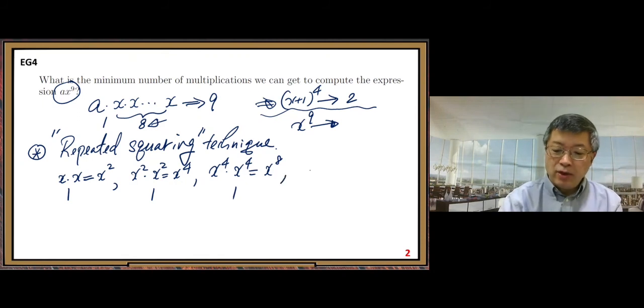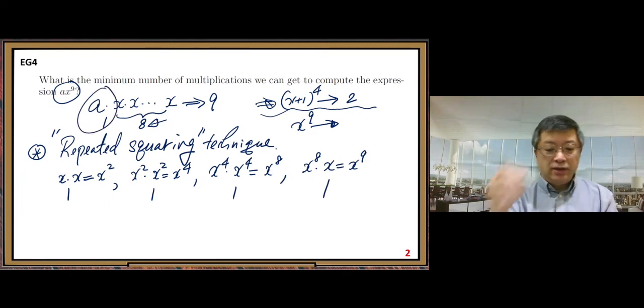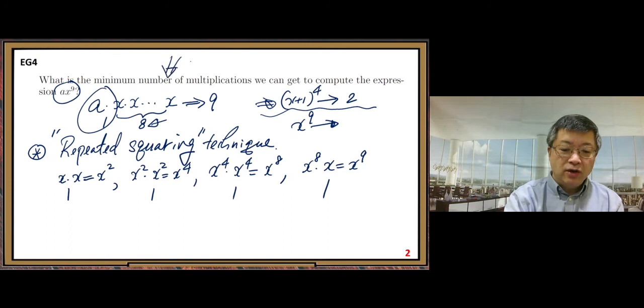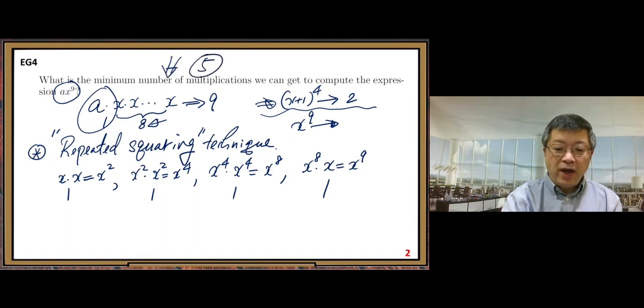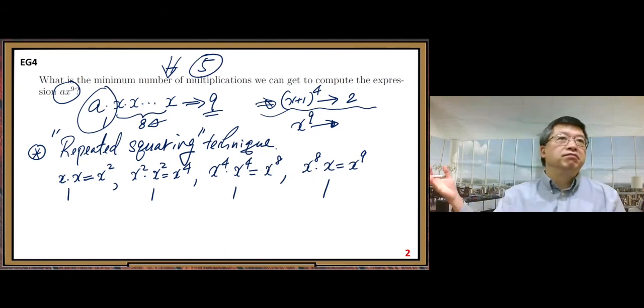So then the last one, x to the eighth times x, x to the ninth, fourth, all right? Then a times that, another one. So the total, the answer for this question, 5. Not 9. 4 better than 9, 5.